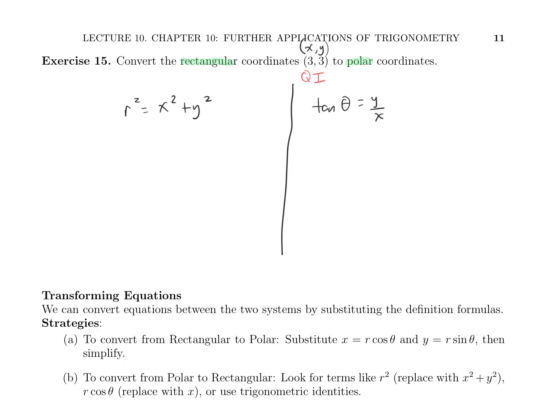Let's plug in x, which is 3 squared plus 3 squared, is 9 plus 9, which is 18. Don't forget to take the square root, which gives us plus minus. And you can also break this up. That's 9 times 2.